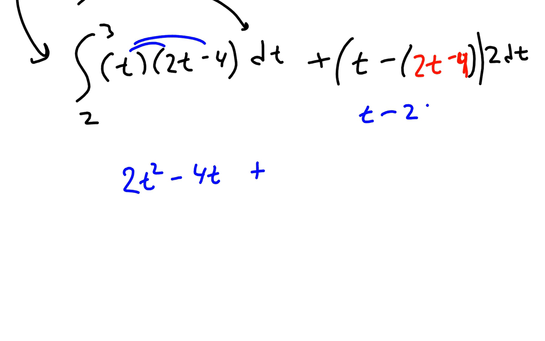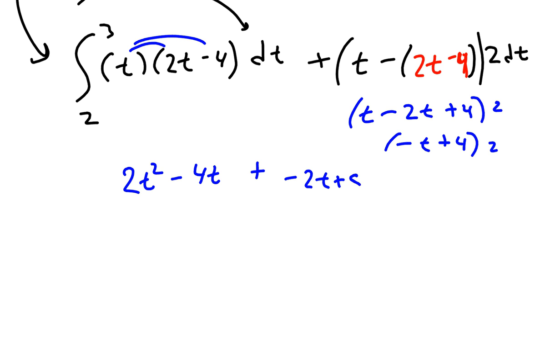I get t minus 2t plus 4, all times 2. So it's negative t plus 4 times 2. And so when it's all said and done, I get negative 2t plus 8 dt. So that's where this part of the expression came from.